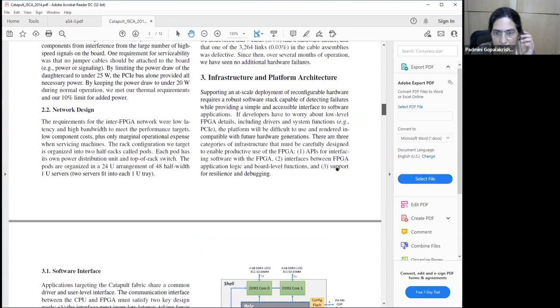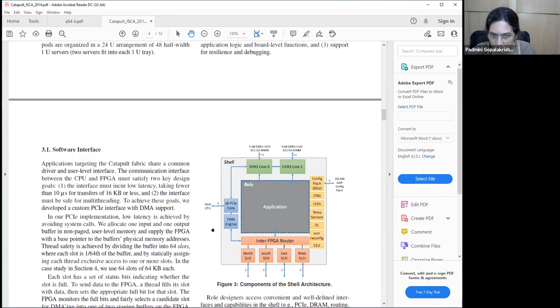So they need the FPGA to communicate with the host, right? They need the FPGA to communicate with the memory on the card, right? And they need the FPGA to communicate with other FPGAs. And then this is required for configuring the FPGA, the JTAG and the flash. Right? And then you have some sensors and they have an SEU unit. So we'll come back to that in a little bit.